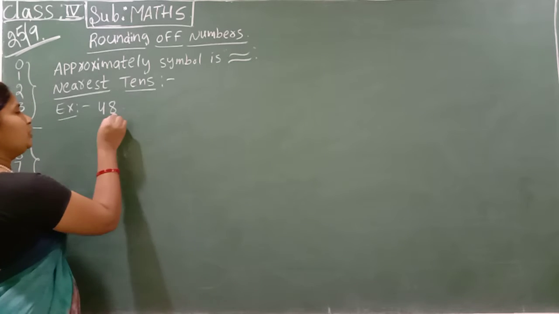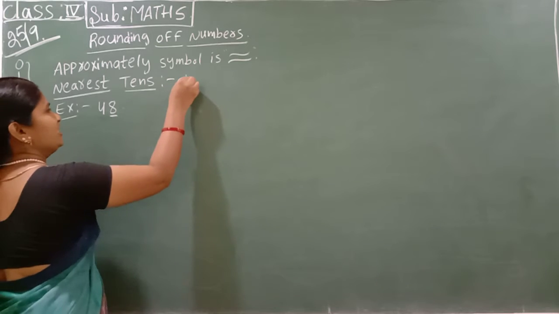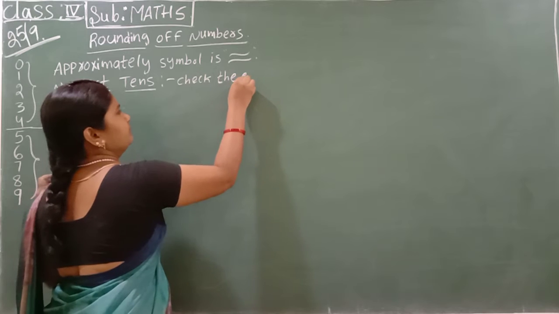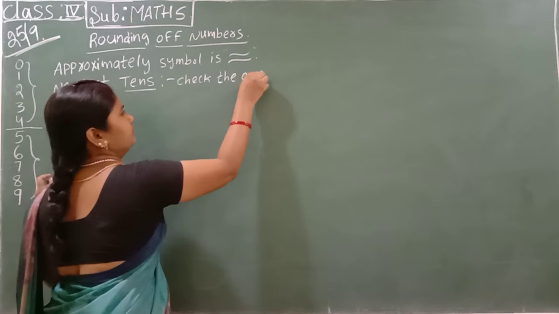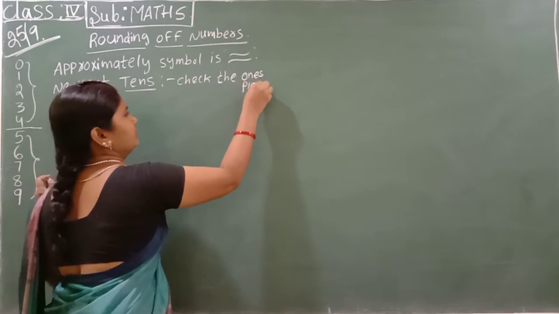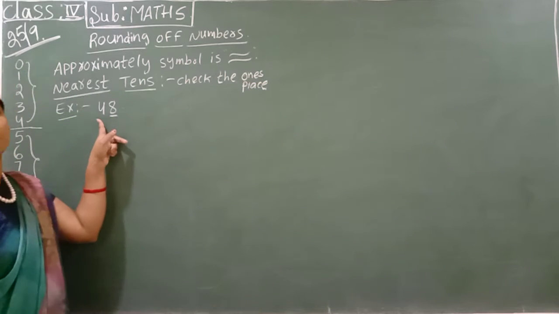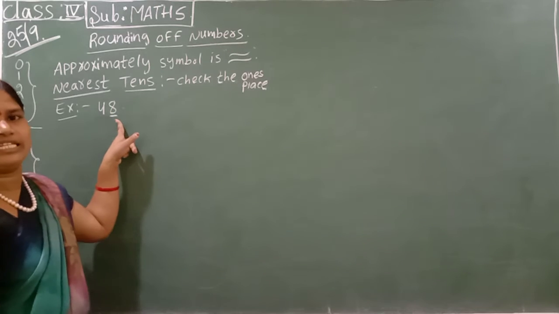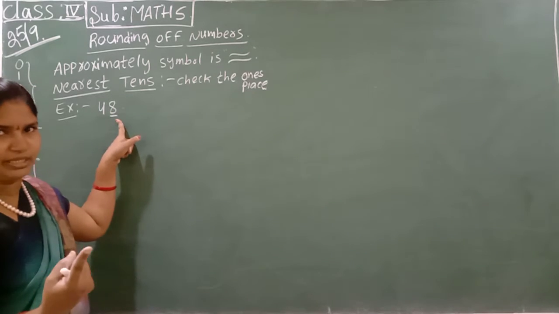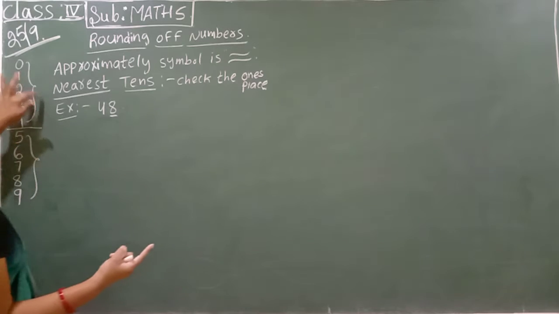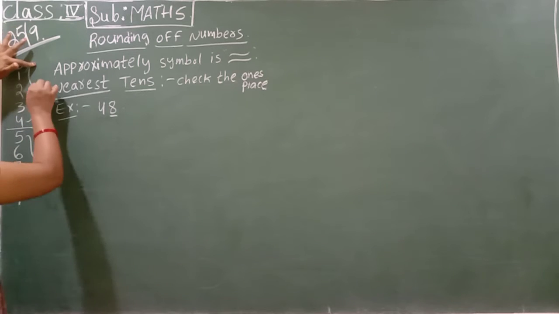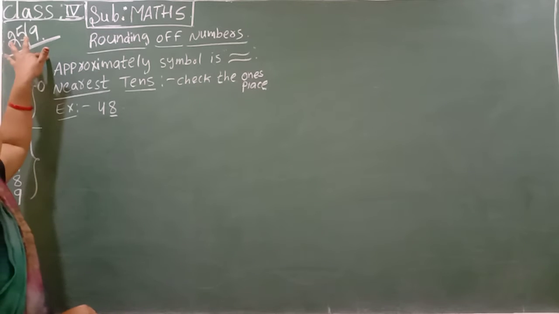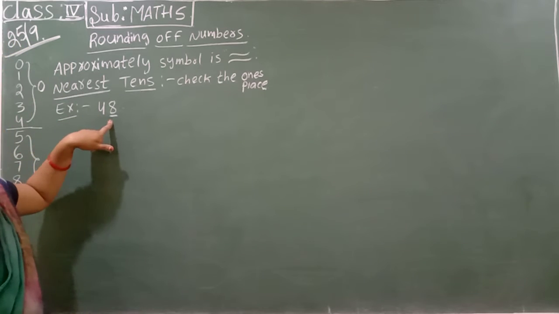What do you have to do? First, check the ones place, observe the ones place number. If it is less than 5, keep 0 directly.